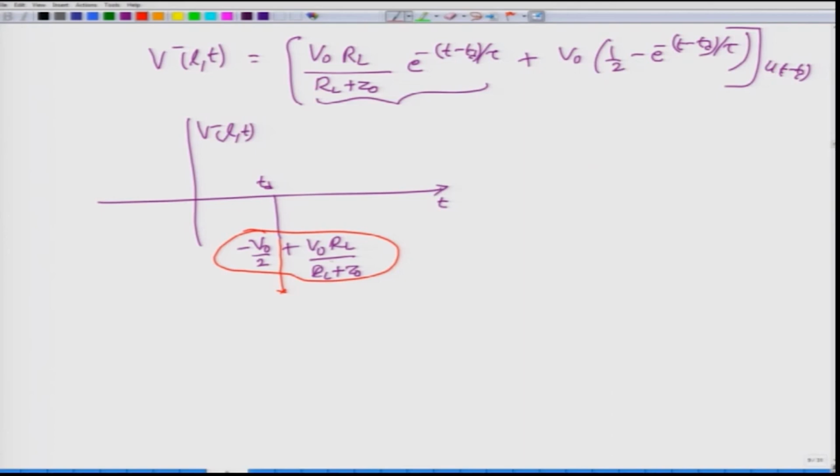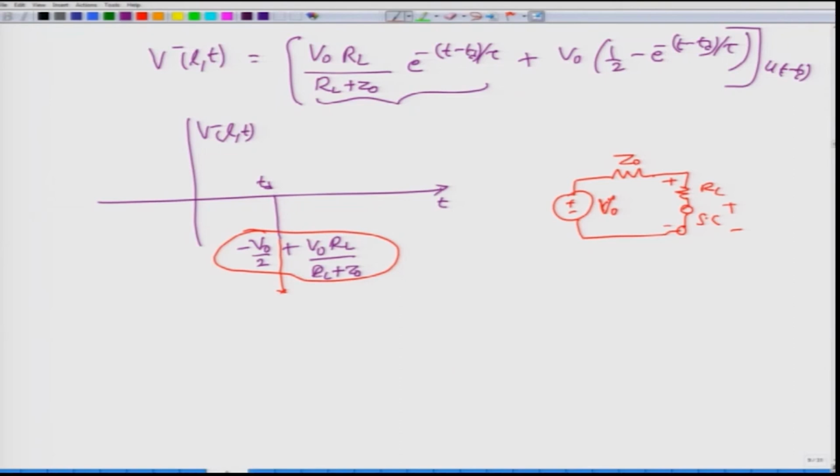This V0 RL by RL plus Z0 is again very obvious. You started off with some V0 step voltage, and then you had Z0, you had RL, the capacitor momentarily had become short circuited. So the voltage across this was 0, so the entire voltage VL of t was this fellow, which is simply from the voltage divider giving you V0 RL by RL plus Z0.